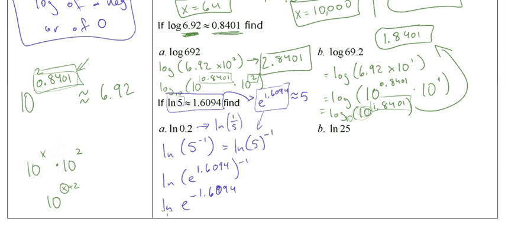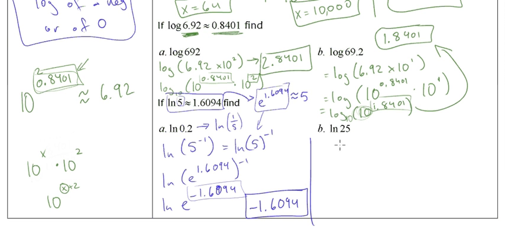And so again, with our rules, the base to that exponent, of that base, gives us just the exponent. So our final answer is just our exponent. We're taking the log of that. And so our answer is -1.6094.